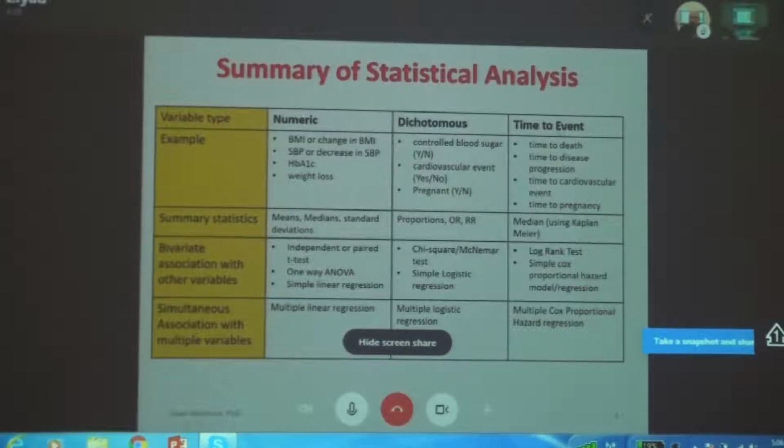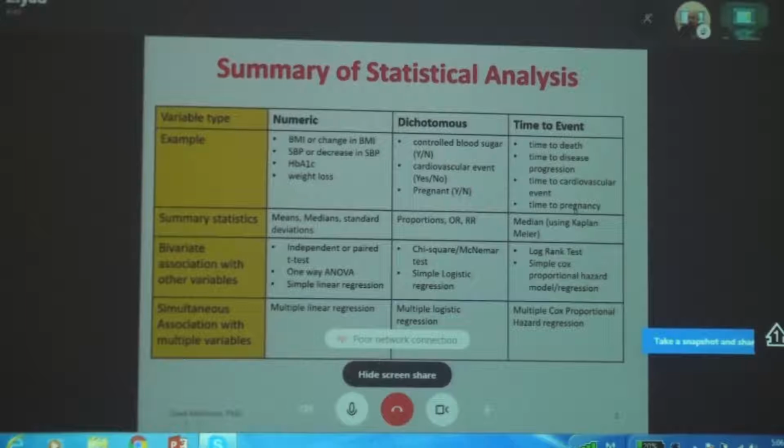Now the third type, what we're going to look at today, is time to event. Time-to-event outcomes are very common in oncology studies, but also in other types of studies. You can look at time to death, time to disease progression, time to cardiovascular event, time to pregnancy, and so on.